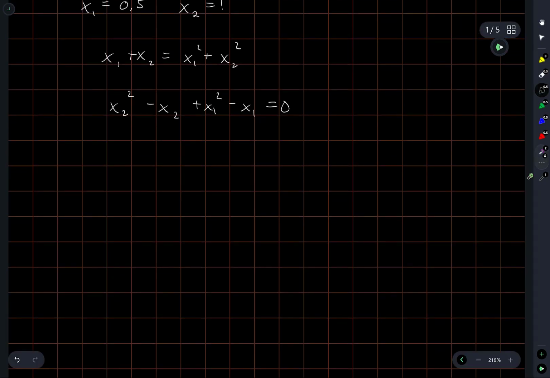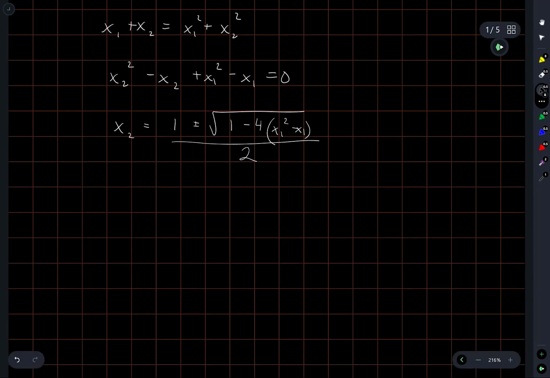So I'm thinking of this as a quadratic expression with respect to x2. For this to be well defined, we have some restrictions on x1.